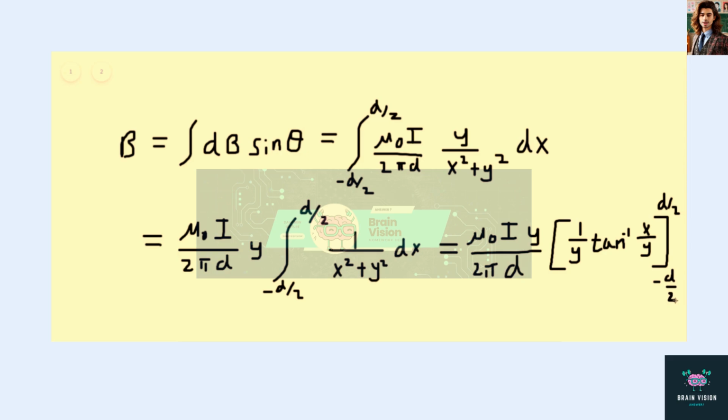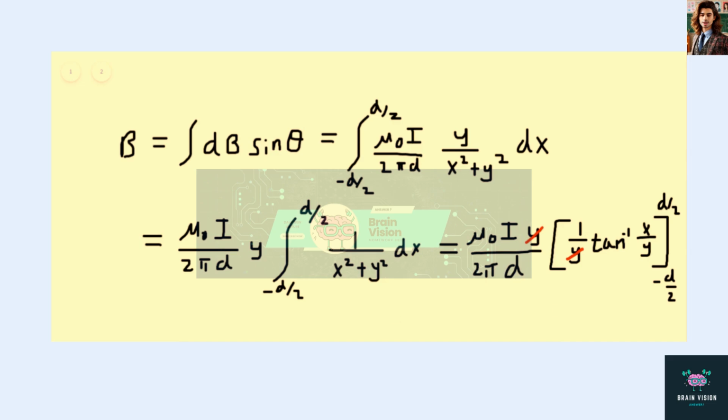Well, you'll notice that these y's cancel. I'll cancel them in red here. That y cancels with this y. So we simply need to plug d over 2 in for x and then subtract from that minus d over 2 getting plugged in for x in that inverse tangent x over y situation there.